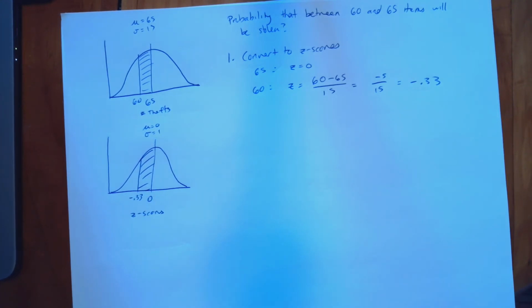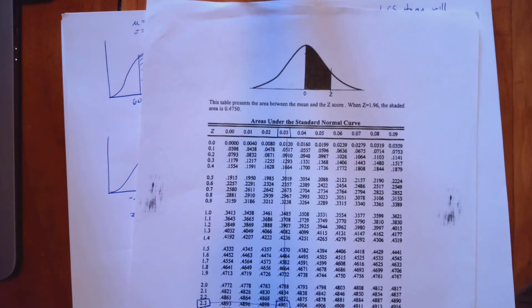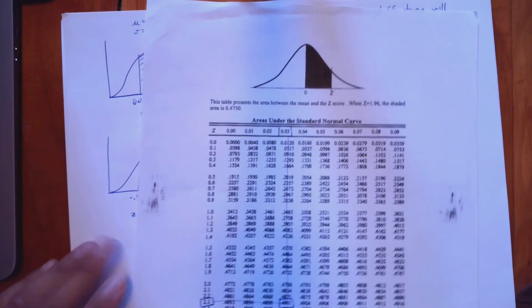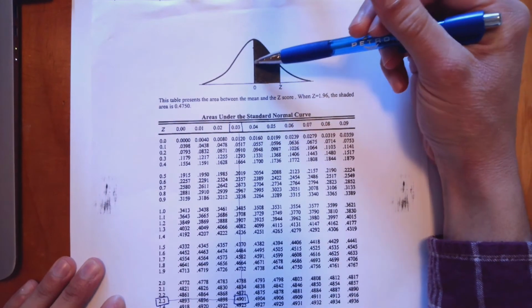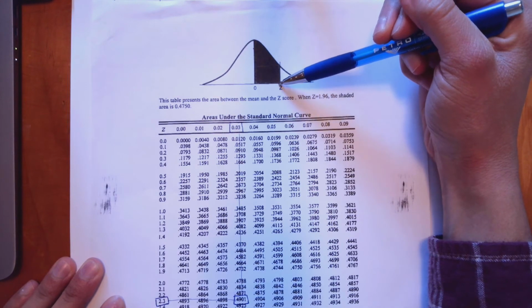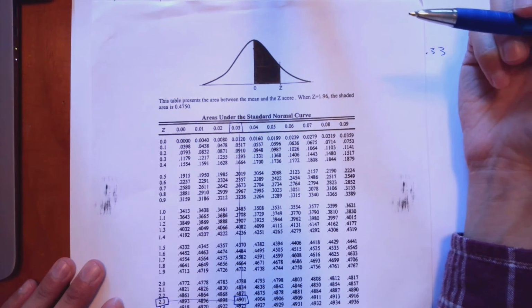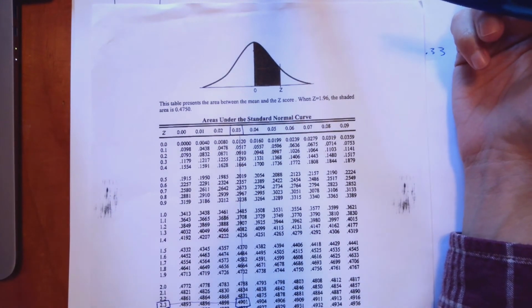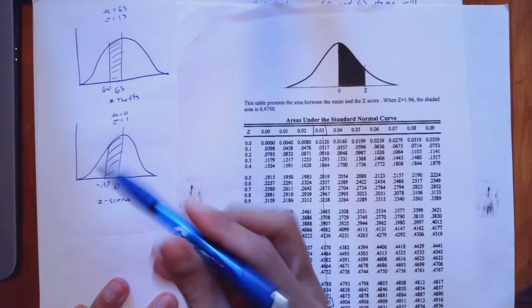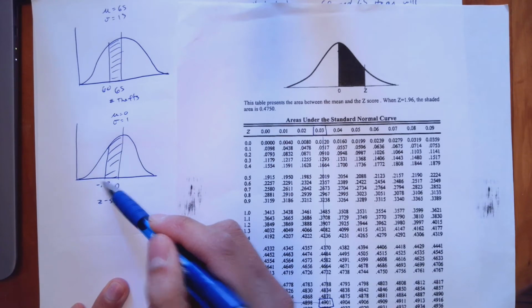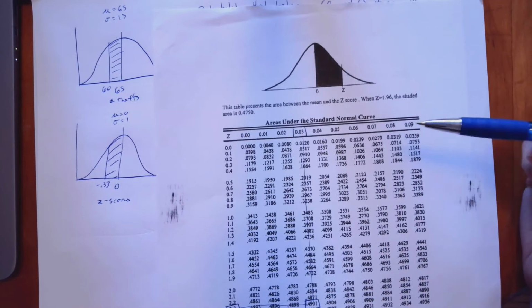So I'm going to come back to my z-table. And as you can see here, the z-table shows you the area between the mean and some z-score. But look, it's going in the positive direction. Does that mean we're stuck? No, it does not. Even though here we're looking at the area between the mean and a negative score, we can still use the z-table.